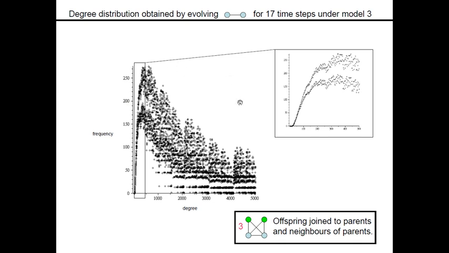Just start with a 0, and at any given time step you have a set of degrees of all of your vertices, and to get the set on the next time step, you just replace every element x with x plus 1 and 2x plus 1. And if you keep doing that over and over again, you get the set of all the degrees of all the vertices which would be in the network. So there's a really simple process for generating this degree distribution, but it seems highly complex.